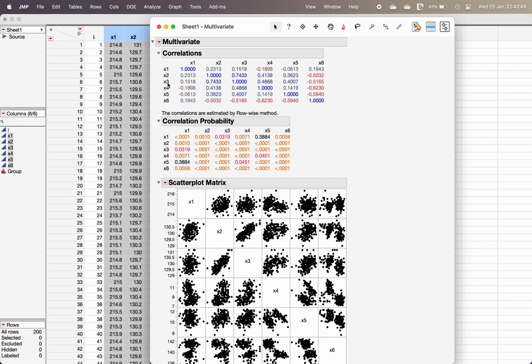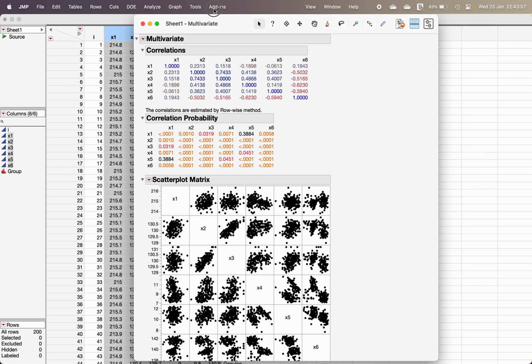However, if you look at the correlation between x3 and x2, it is plus 0.7433. It's on the higher side, and these two variables are positively correlated. And their p-value is less than 0.05, which means they are statistically significant. So this is how we look at the correlation between the variables.